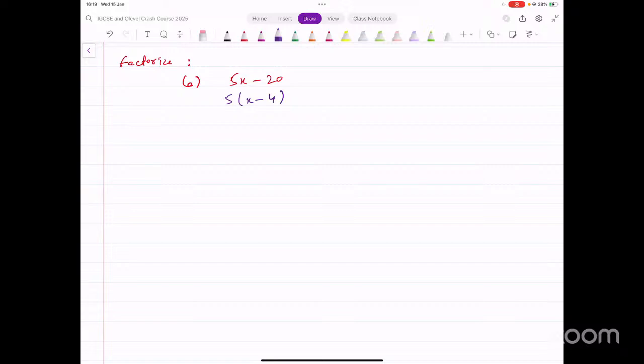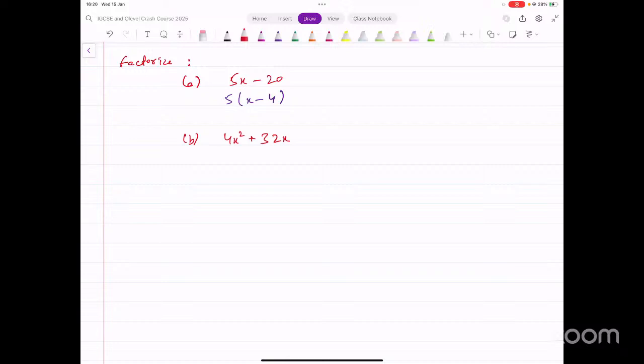Similarly, if we had something like this, if we had 4x squared plus 32 times x, how do you factorize this? You can think of whatever you can take common from these two terms, okay?